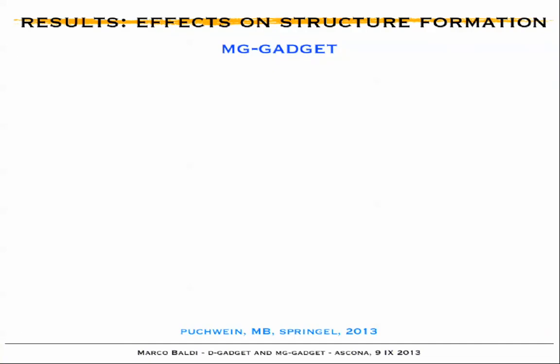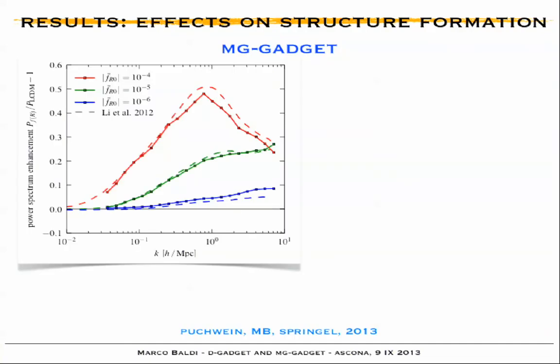Results obtained with MG-Gadget. So this is, for instance, the effect on the matter power spectrum with respect to standard general relativity. You see that different models, with different values of the effective coupling of the additional scalar field to gravity, have different effects, I mean, different size of the effect, but also qualitatively different, because models that are farther away from standard general relativity have a stronger screening mechanism.